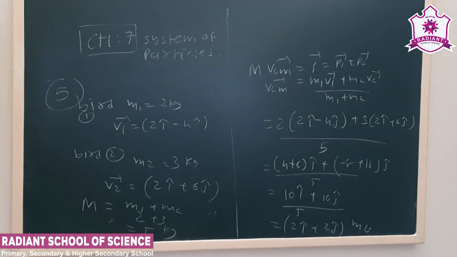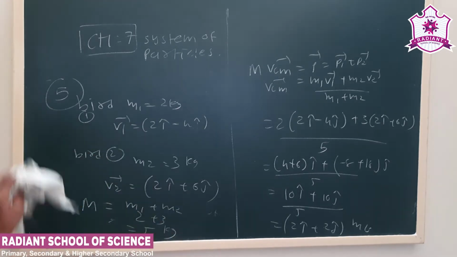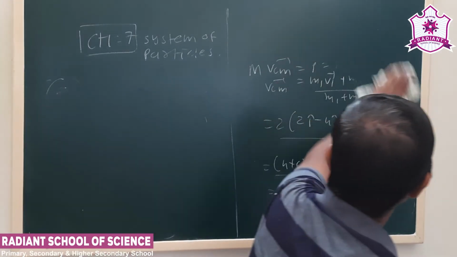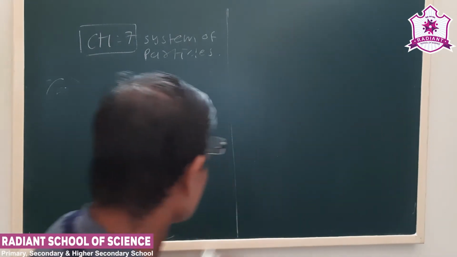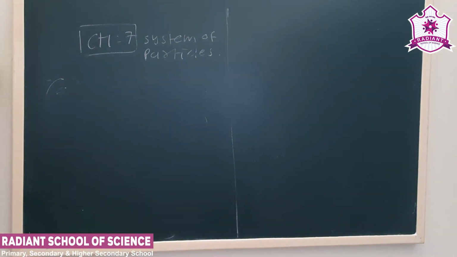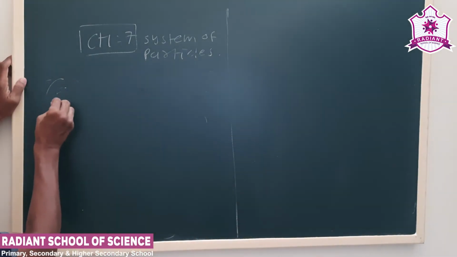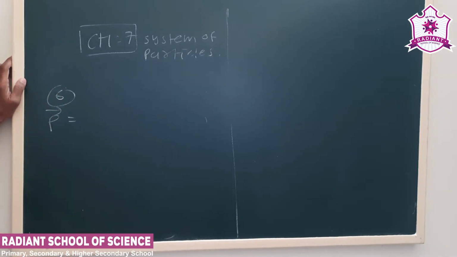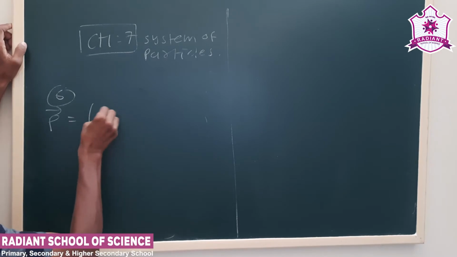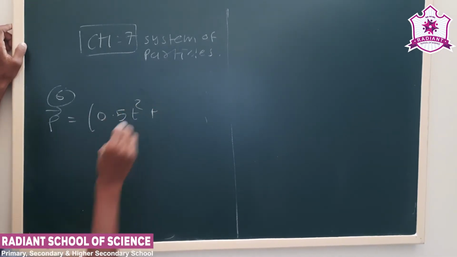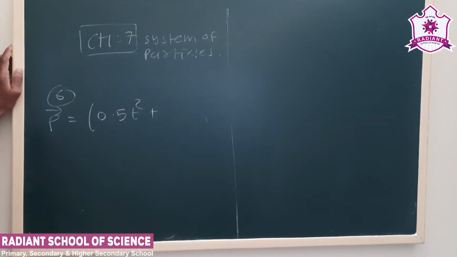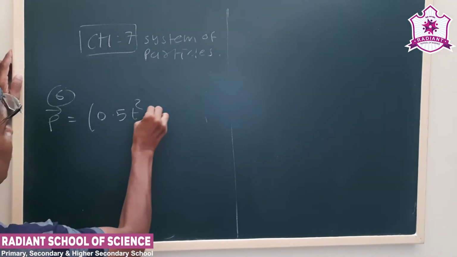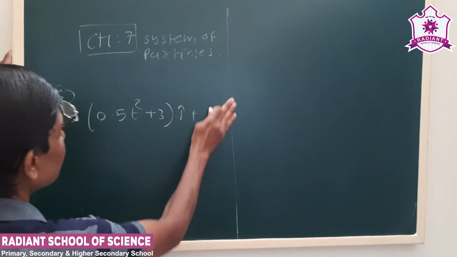Okay, so this is about MCQ number 5. Now see the next MCQ. See here, momentum of the particle is given as 0.5 t square plus 3, i caret, plus 1.5 t.